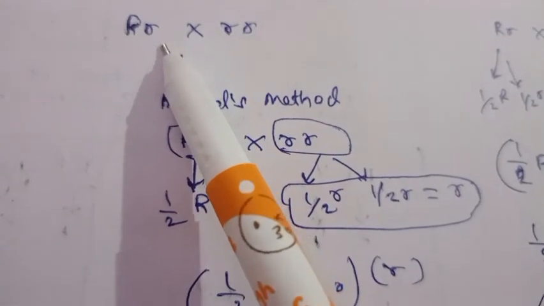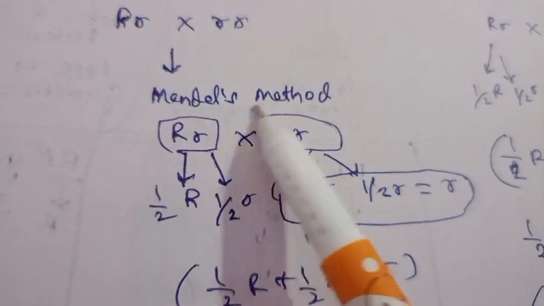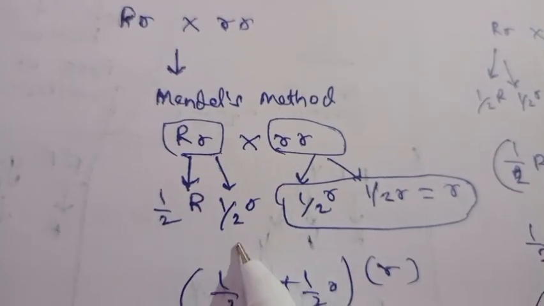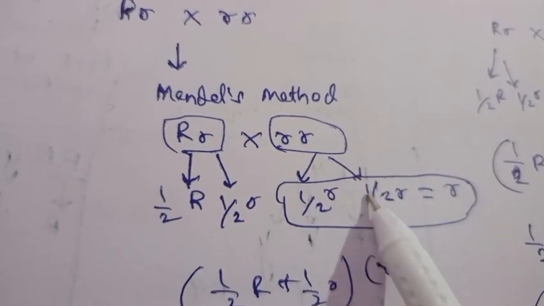When a heterozygous round and homozygous wrinkle is crossed in Mendel's method, capital R will give half R and small r will give half small r. Small r will give half small r.